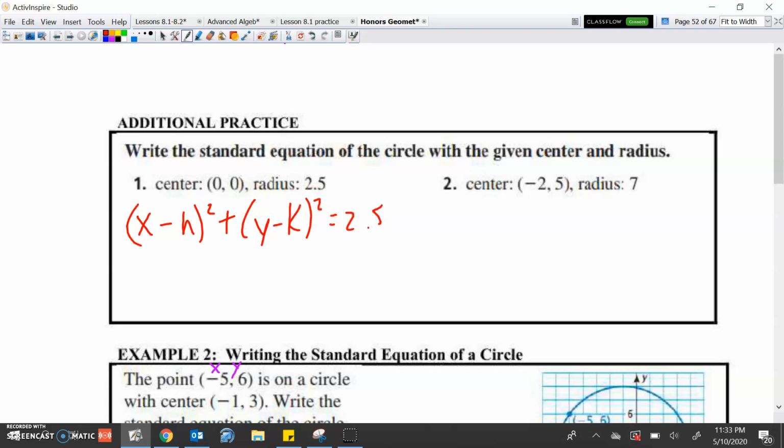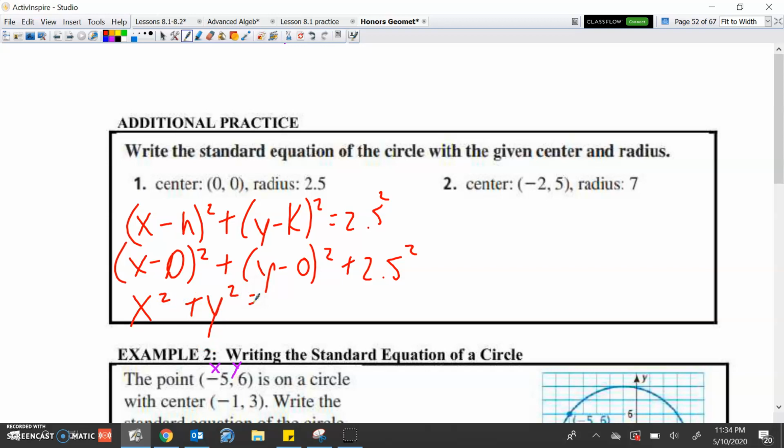Okay, now again, I'm just rewriting it there. I can sub the zeros in. Oh, I forgot to write squared. 2.5 squared. But in the end, the answer is x squared plus y squared equals 6.25. Okay? All right, there's our first equation.